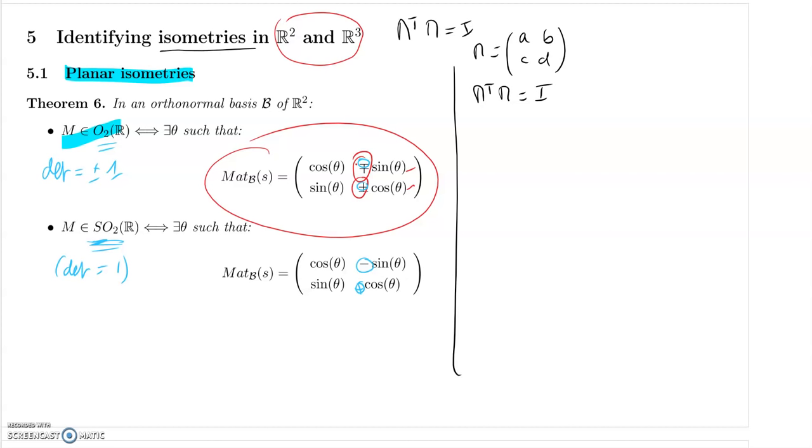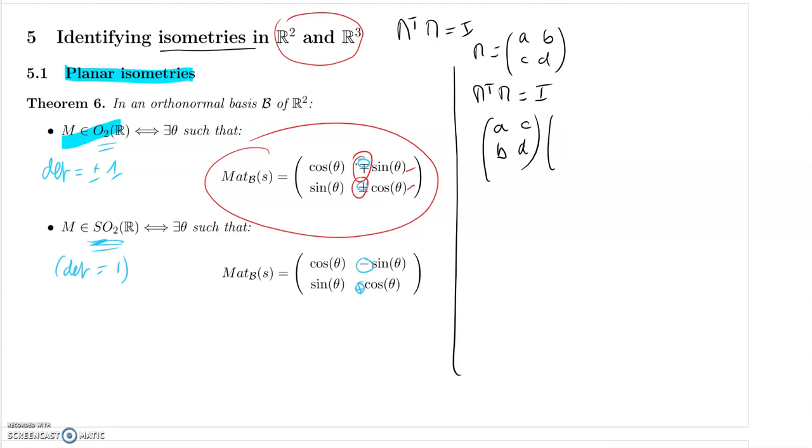M transpose is: I take the first row and make it the first column, so that's A, B, and then the second row becomes the second column, C, D. Another way to see it is that you exchange the coefficients on each side of the diagonal. B takes the role of C and C takes the role of B. It's pretty easy in dimension 2.